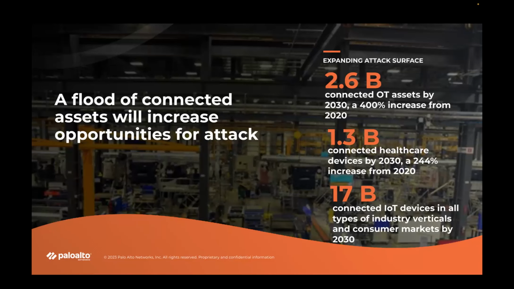And just some numbers there. Sure, predictions are predictions, but what's clear is that we are talking about billions and billions of such devices being added constantly in your networks. So that absolutely means that if you're serious about zero trust, we should pay deep attention to these. Every single device is a potential attack vector.